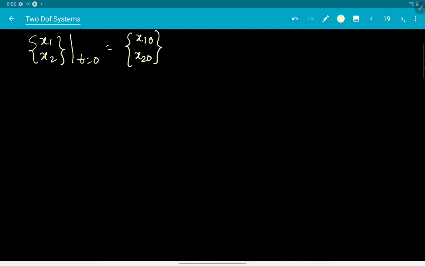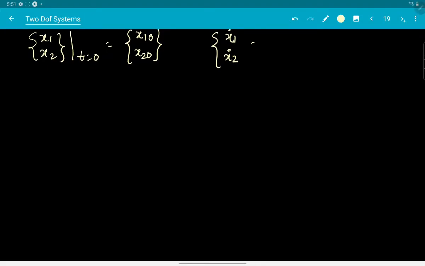Whereas the velocity vector of these two variables at time t equal to 0, you know the velocity that you are going to input to mass number 1 and mass number 2, which is x dot 1 0 and x dot 2 0.